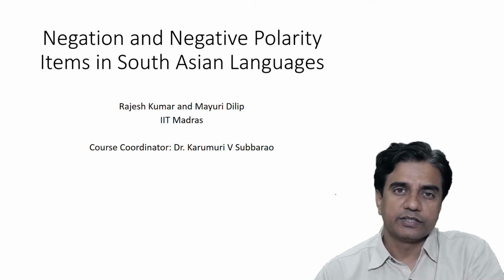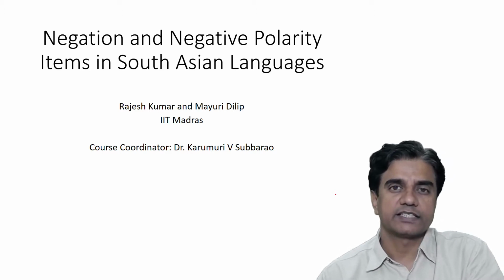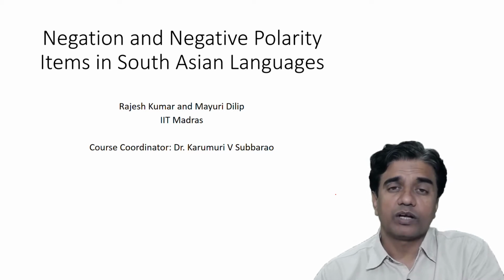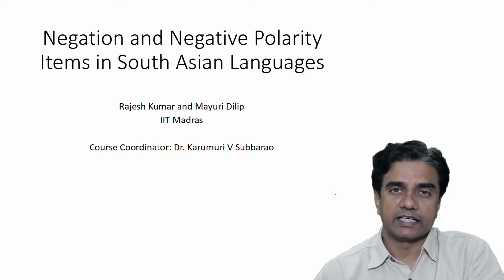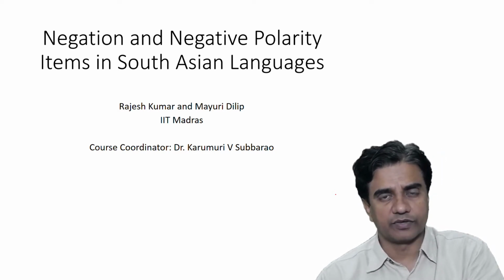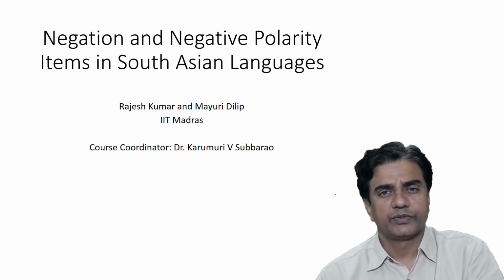Broadly speaking, one, affirmative sentences, and two, negative sentences. What makes a sentence negative is negative markers from natural language.